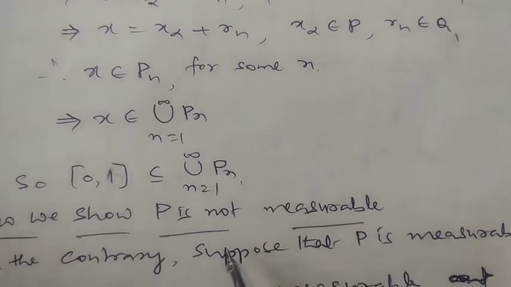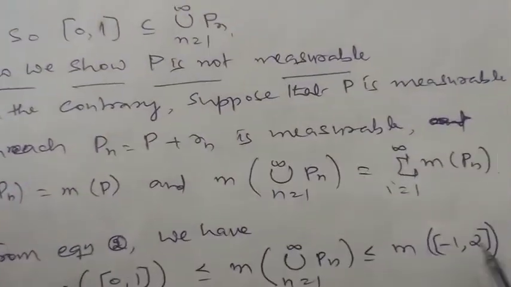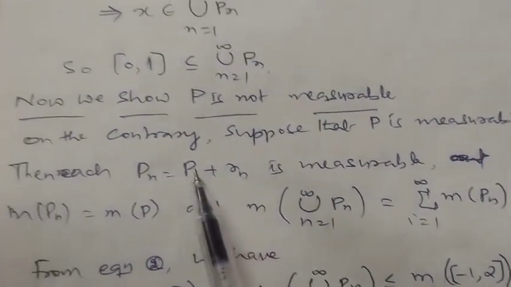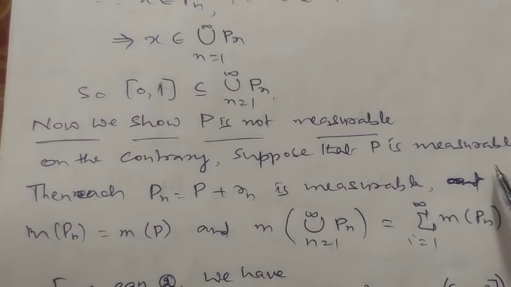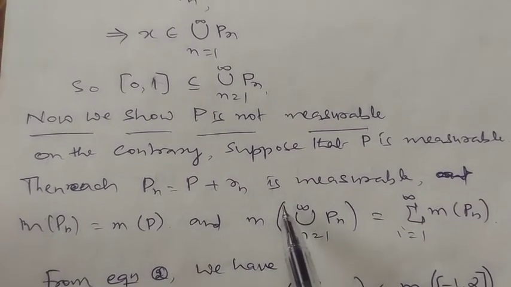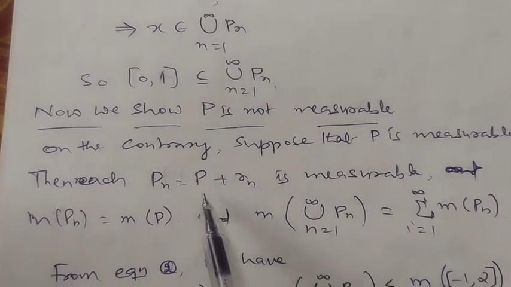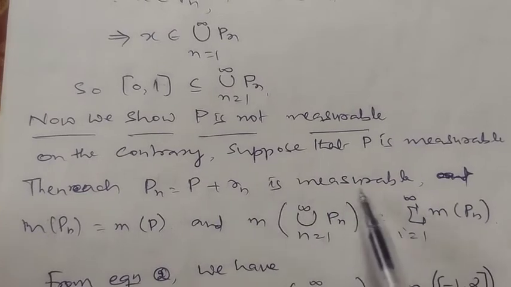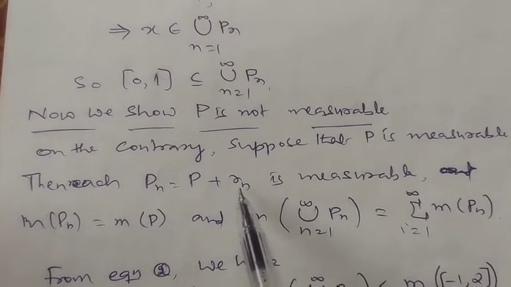Okay. Now we show that P is not measurable. On the contrary, just suppose that P is measurable. Then what will happen? P is measurable means each Pn is measurable, because each Pn is P plus Rn. The measure of Pn is the same as the measure of P, because the measure of Rn is 0.